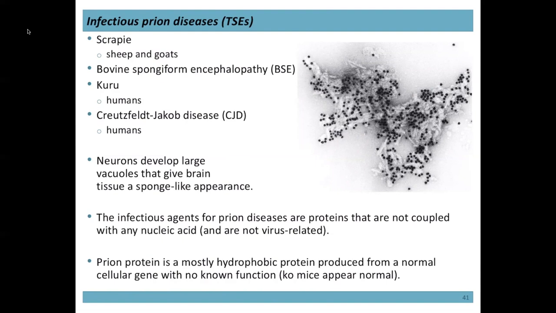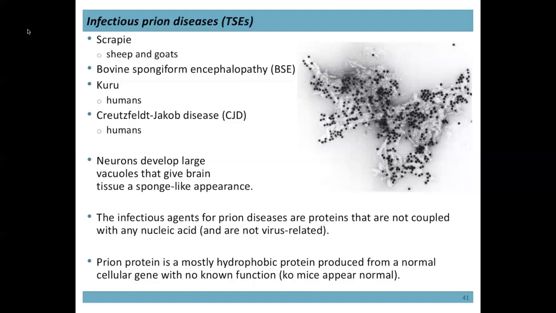So meaning you're not transferring genetic information from one organism to another like we're experiencing with COVID-19 now. You're just transmitting a protein to another organism, and that protein by itself will cause other proteins to misfold.